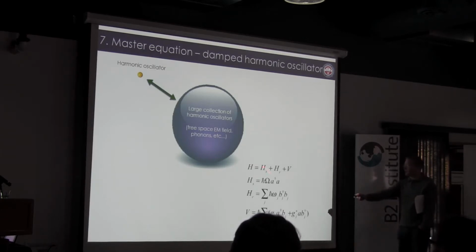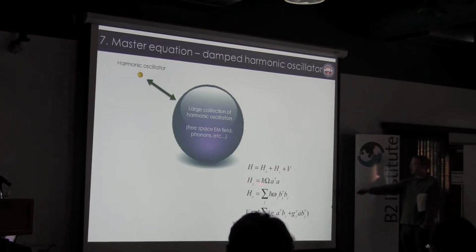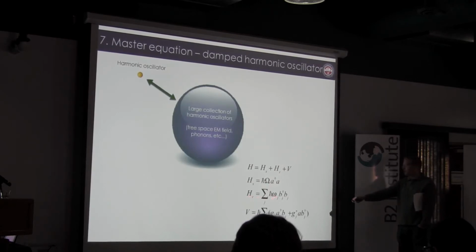So, as I mentioned, the Hamiltonian for this combined system breaks down into a pure free evolution for the system, the free evolution for the reservoir, which is thermally equilibrated, and then an interaction between the system and the reservoir. For a harmonic oscillator, our system Hamiltonian is just a single oscillator frequency capital omega. The reservoir Hamiltonian is a sum over a bunch of independent modes at different frequencies omega j.